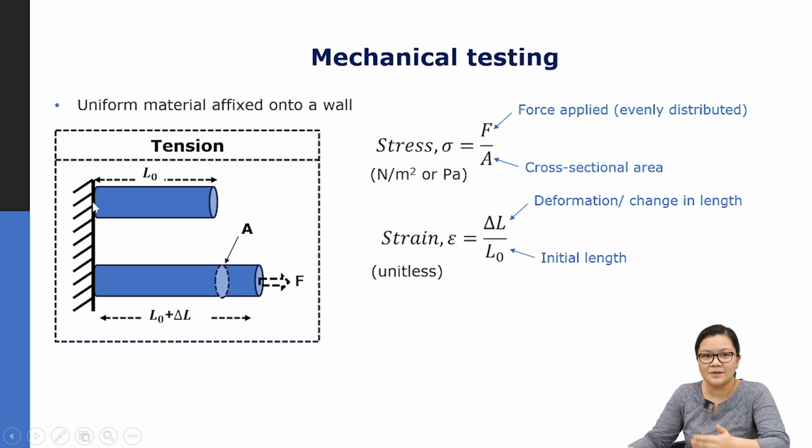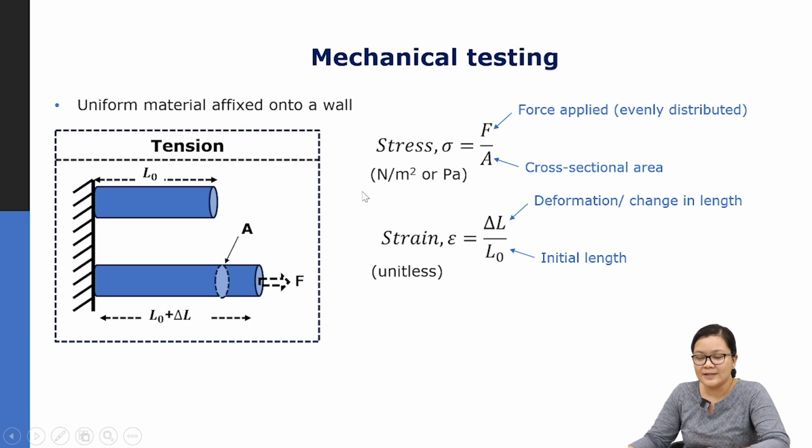You affix that material onto a wall, and then you apply some sort of force, a tensile force, that will stretch that tissue. The original length of this tissue is denoted by L0, and when you apply that force, the tissue deforms and lengthens by an increment of delta L here.